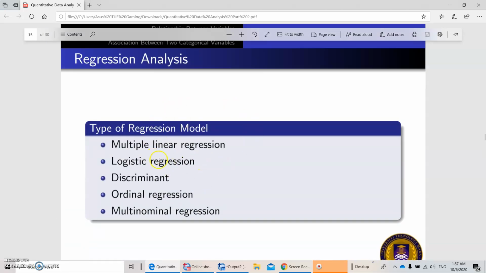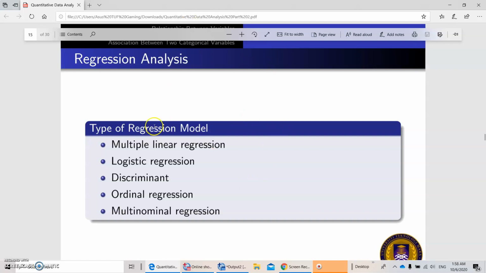Okay, so there are several types of regression model. The common one is the multiple linear regression. Logistic regression is used if the dependent variable is binary, meaning we have yes or no, male or female, agree or disagree. Then discriminant, and ordinal regression, if the category is ordinal. Multinomial regression, if the dependent variable is in nominal form.